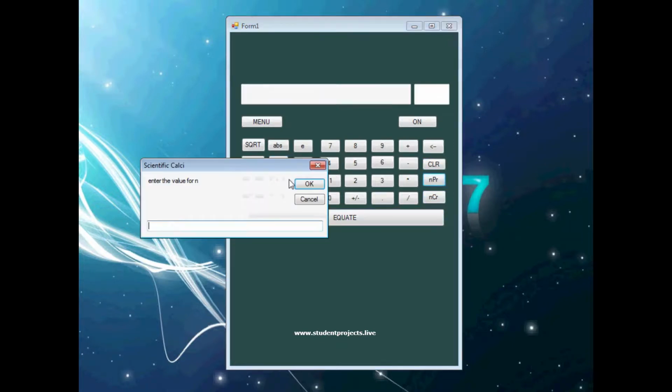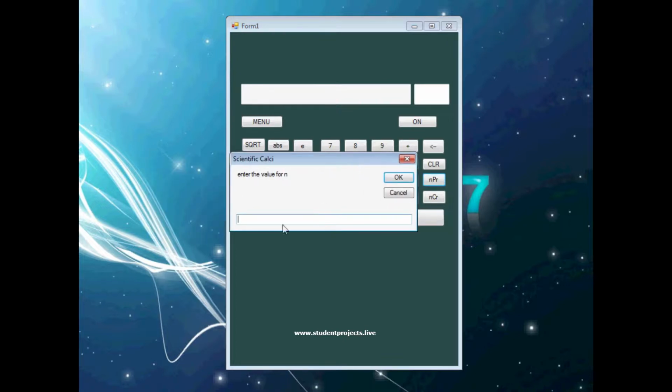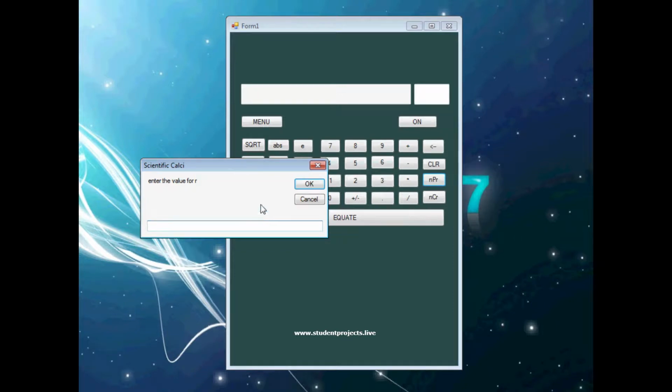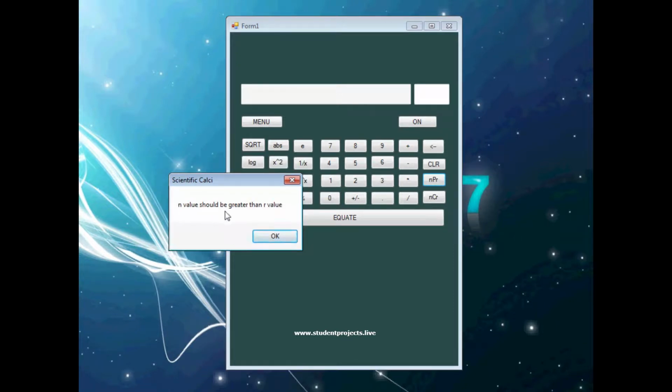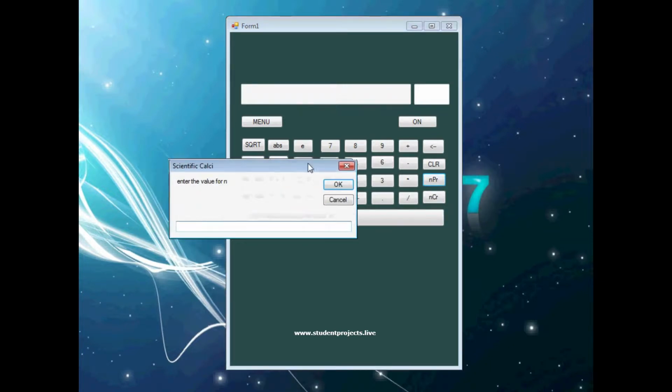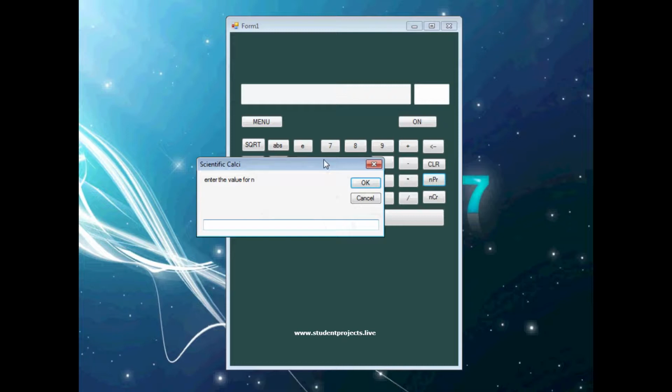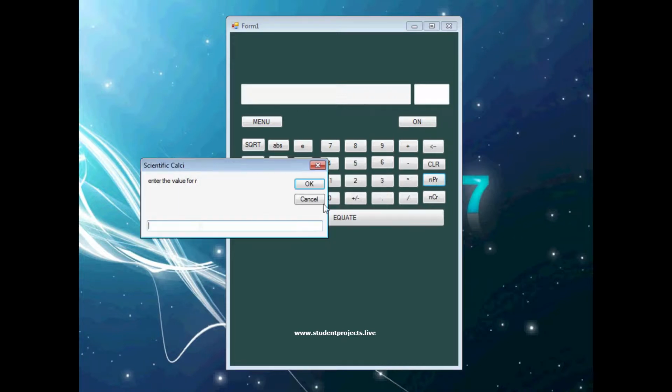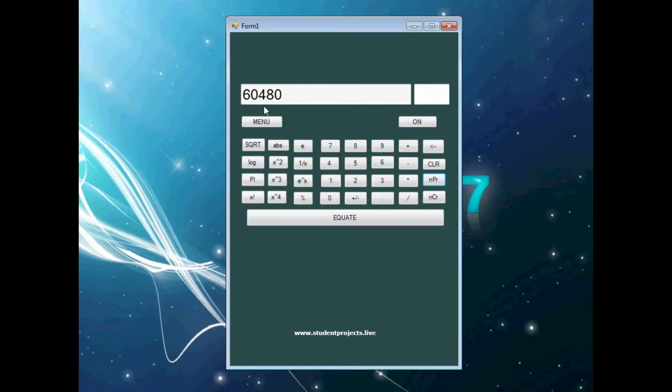Then NPR. To find the NPR, we must enter the value of N and R. And here the value of R must be smaller than N, because we will be finding N factorial and then N minus R factorial. To find this, we have to subtract R from N, therefore R should be a smaller value.